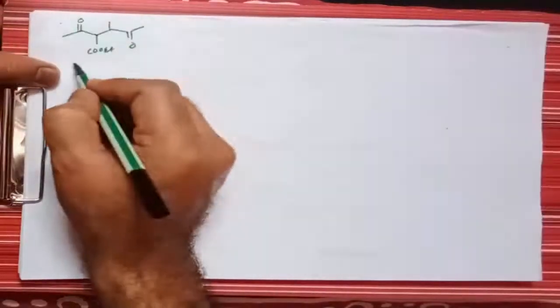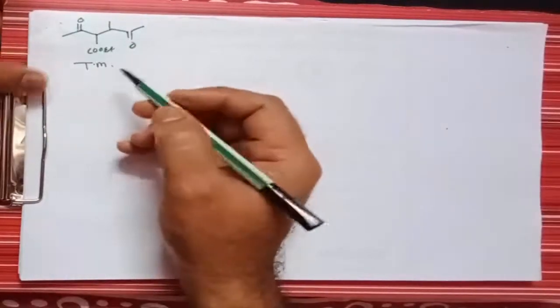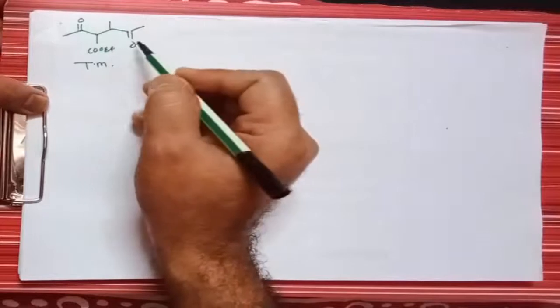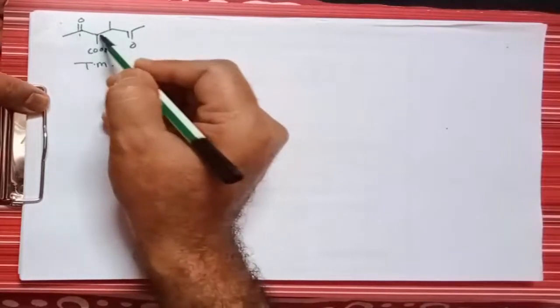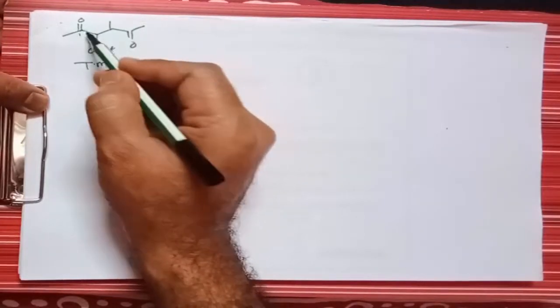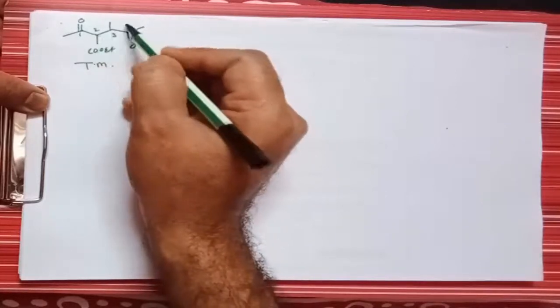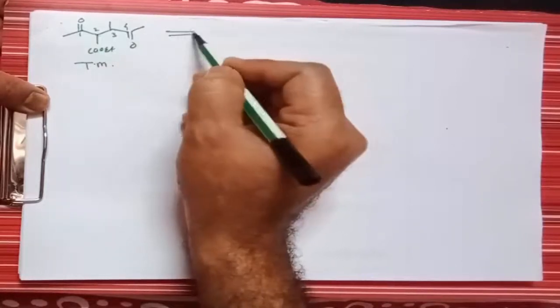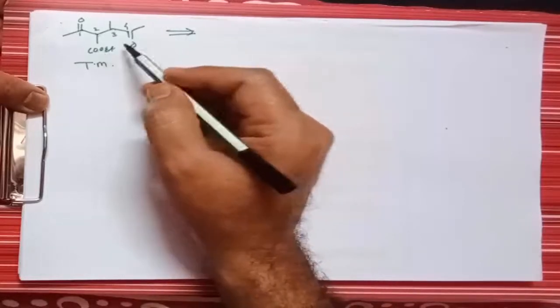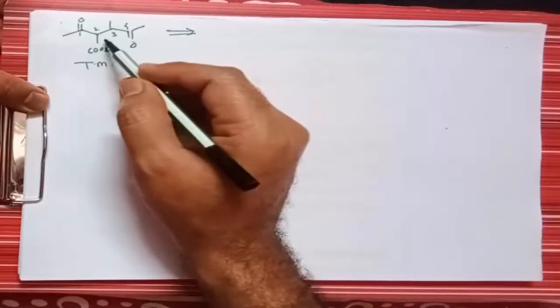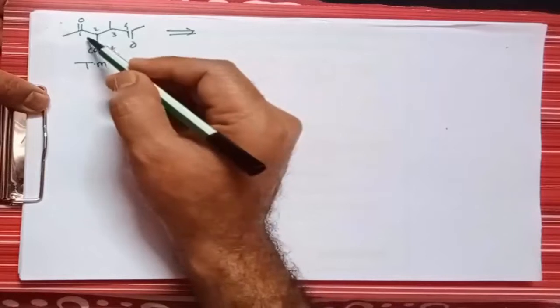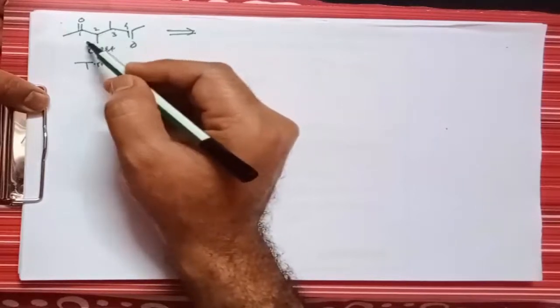Let us take another target molecule. This target molecule contains two functionalities: a 1,3-dicarbonyl pattern, and a 1,4-dicarbonyl pattern, right? So if you go for the 1,3-dicarbonyl compound first, then you have to break the molecule either at this position or at this position.